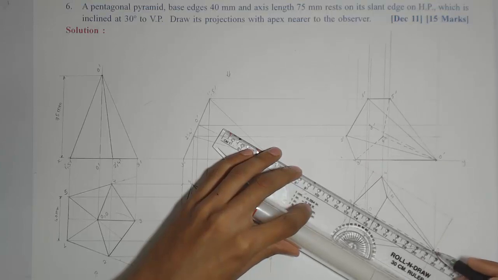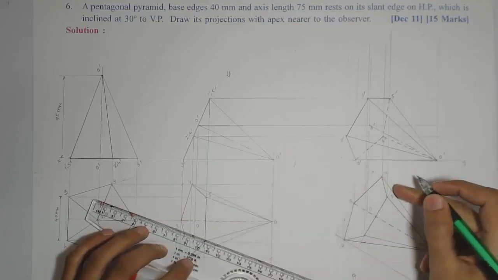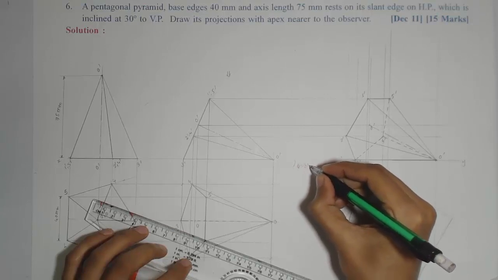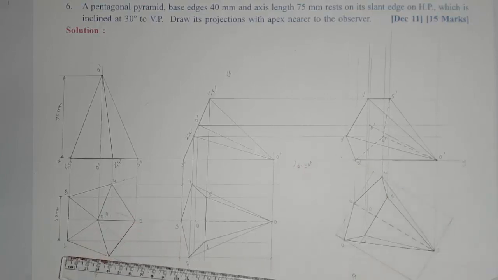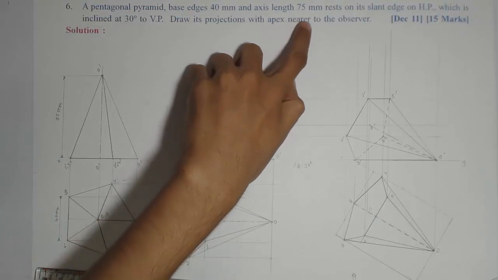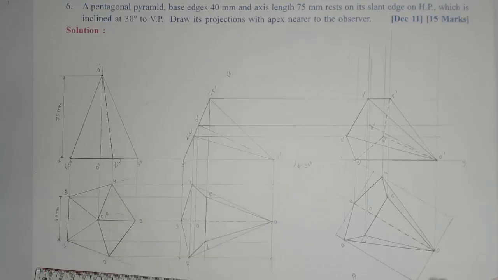So obviously if I check with this slant edge, this angle will also be 30 because those are parallel to each other. So this angle is nothing but phi, which is 30 degrees. Okay. And while tilting, we need to take care of the observer position. That apex is nearer to the observer, so this should be nearer to the observer. Okay. So this completes the solution for this problem.